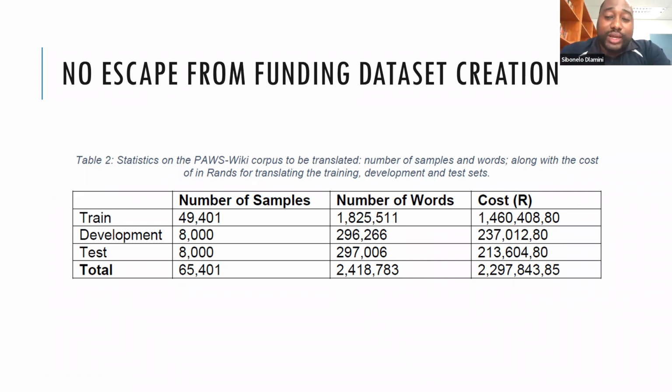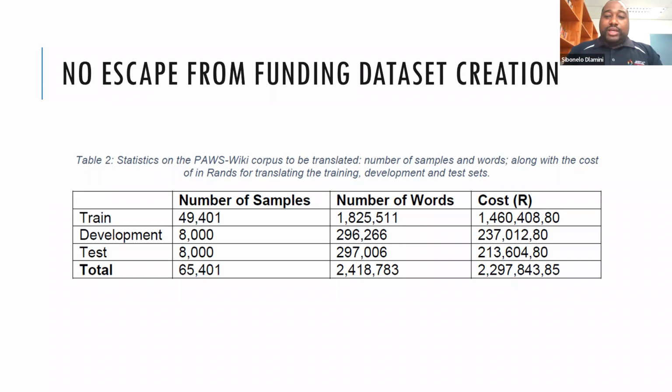And in order to translate that, you'd need about 2.3 million rand, which is scary because this is just one data set for one language. How much investment will you need in order to translate these data sets into the other low-resourced South African languages?